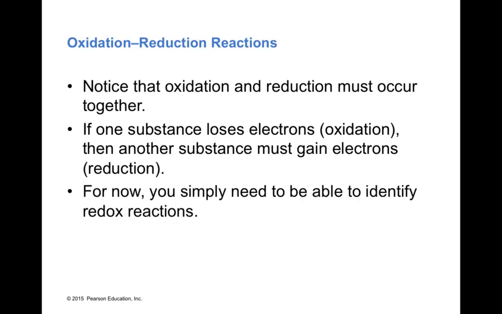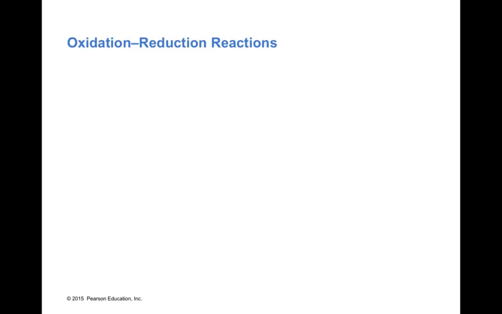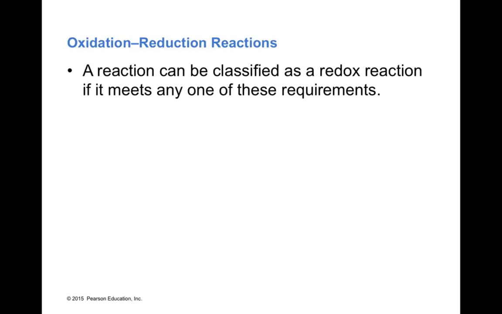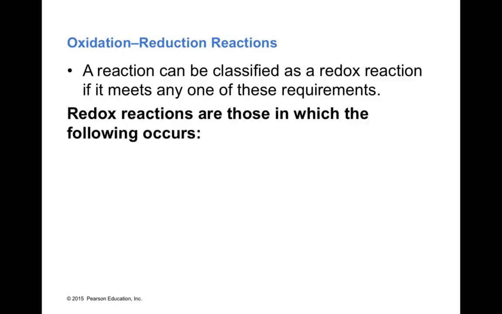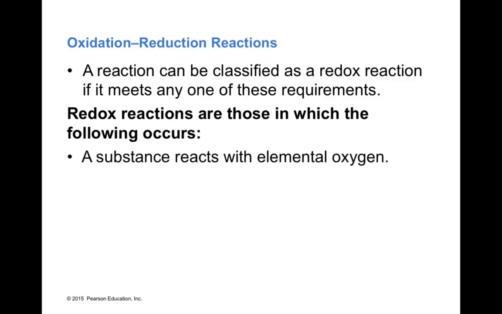For now, you simply need to be able to identify a redox reaction. That's the only thing that you need to understand and learn right now. A reaction can be classified as a redox reaction if it meets any one of these requirements. Redox reactions are those in which the following occur. Number one, a substance reacts with elemental oxygen.